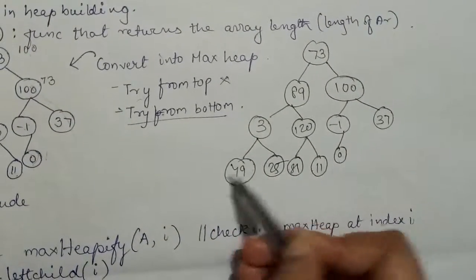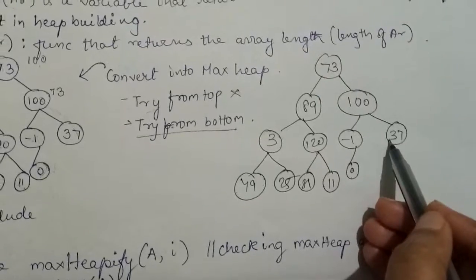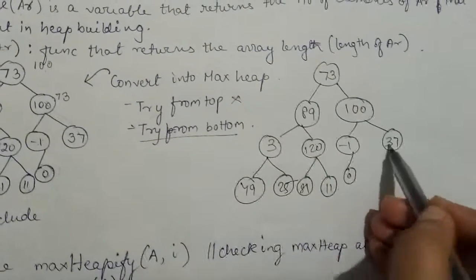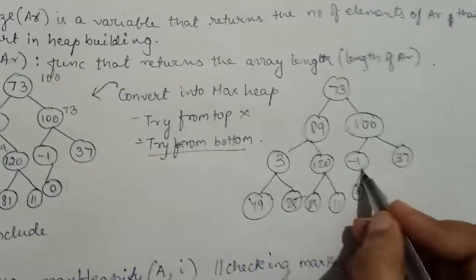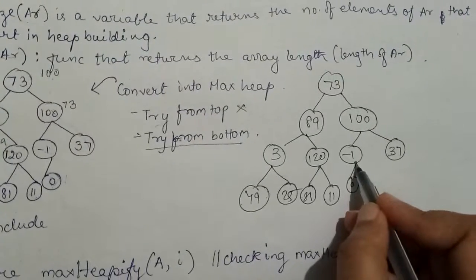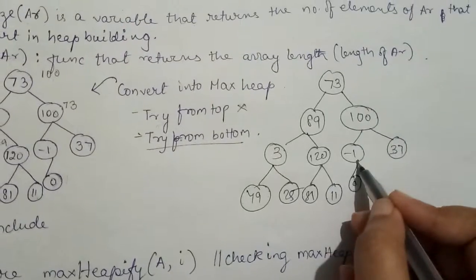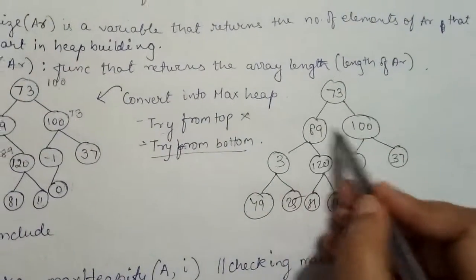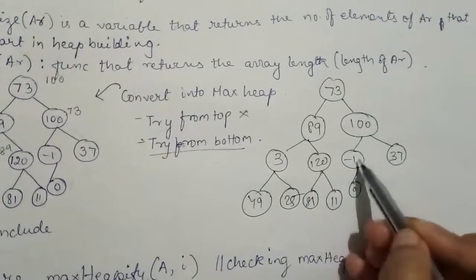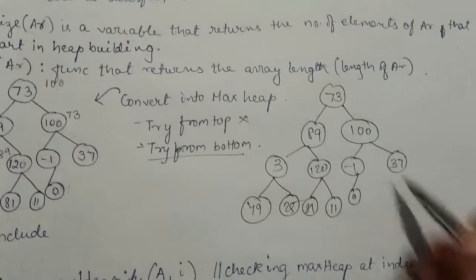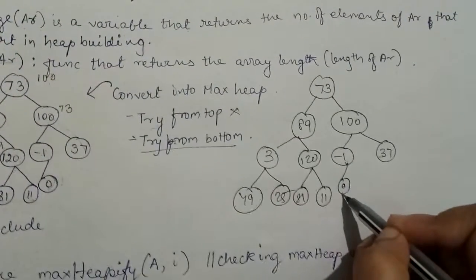These leaf nodes don't have any children nodes, therefore we don't have to check for these nodes. Starting from this node, which is the last one, means the array is like this in this order, so this is the last element which has a child.